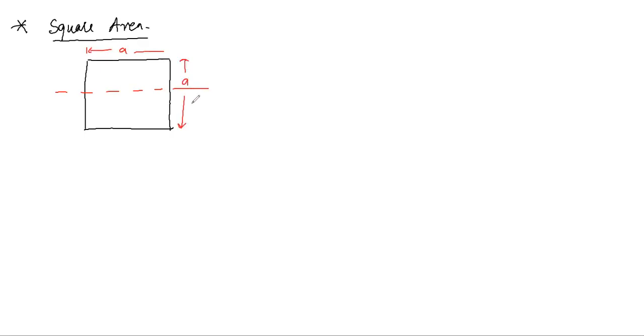If you are going to find the moment of inertia about the x-axis, either about the x-axis or the y-axis, you can write this as a into a cube by 12, right? So this can be written as a to the power 4 by 12, right?